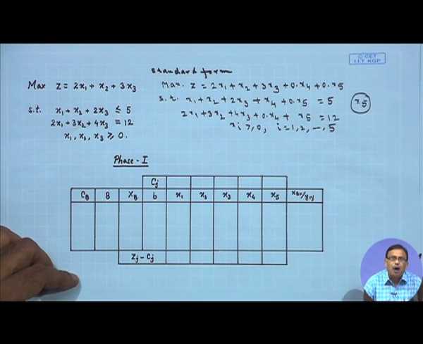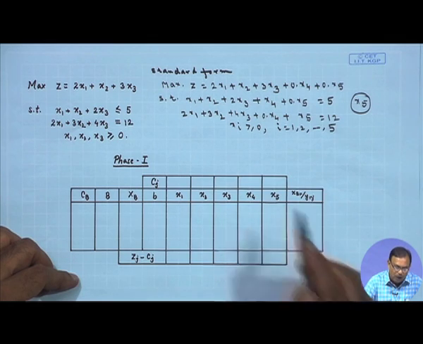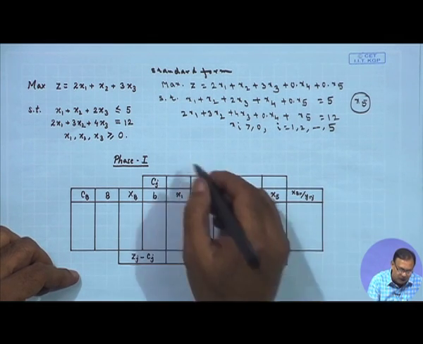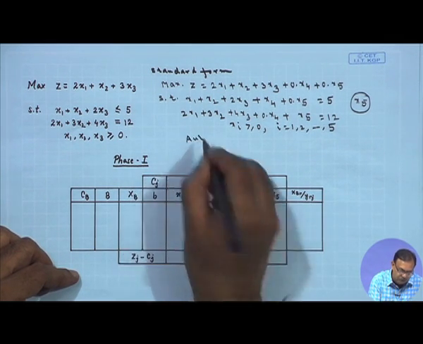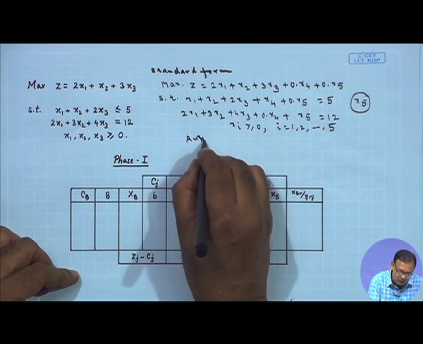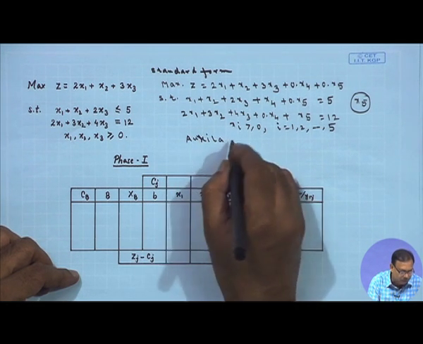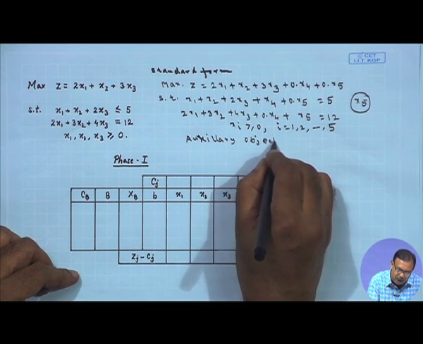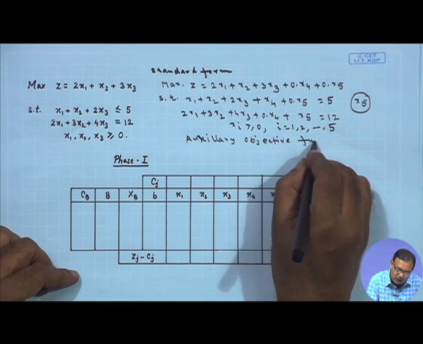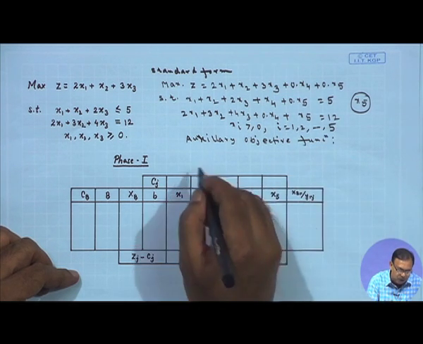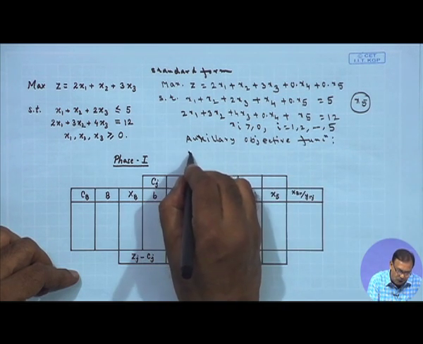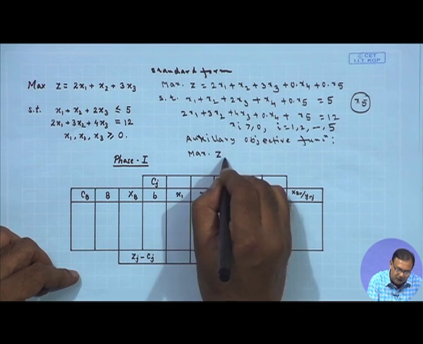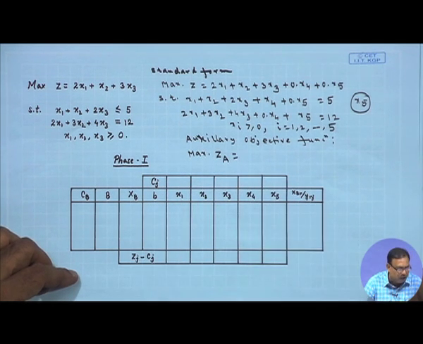From here, now you will create one auxiliary objective function. Your auxiliary objective function will be, say, za or z star, whatever name you can give.